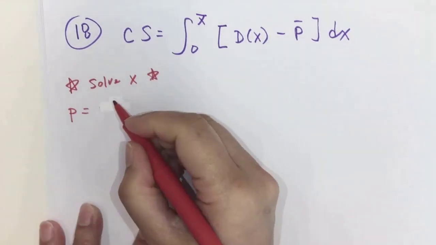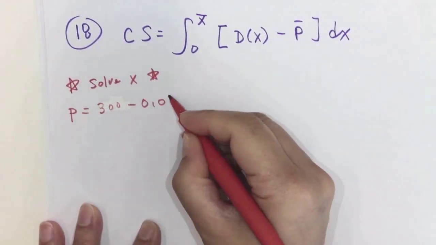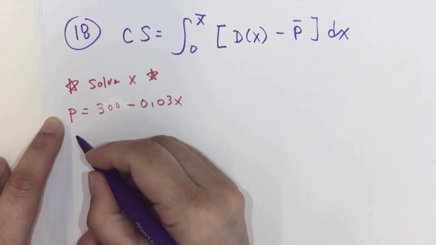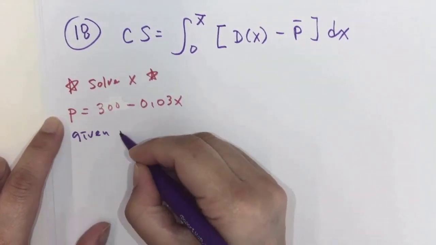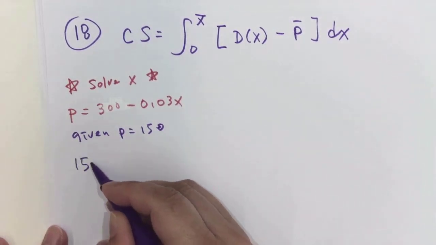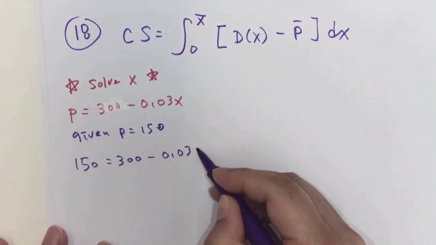The price is 300 minus 0.03x, and they say price equal to what? From your question, price is 150. So we're going to plug in here, right? So 150 equal to 300 minus 0.03x.